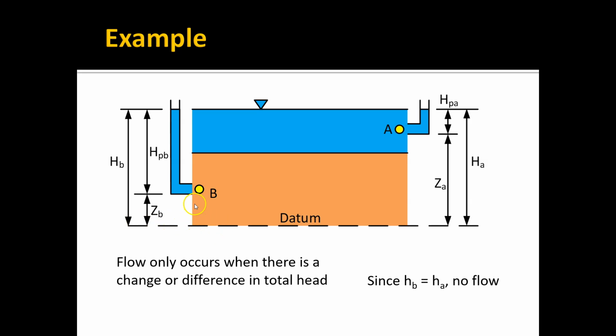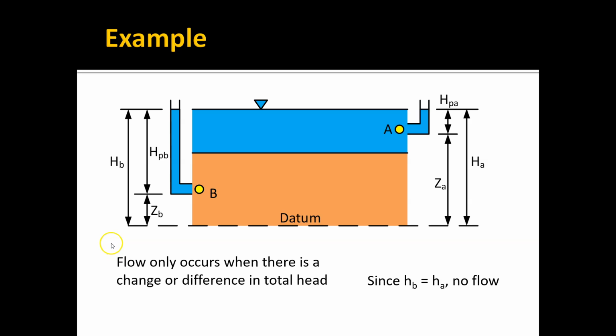The elevation head for B is just the distance up to point B. The pressure head for B is the level to which water would rise, and assuming this is saturated and hydraulically connected, and there's no flow occurring, it would just rise up to this water level up here. So that's the pressure head at B, and taken together, these two form the total head at point B.